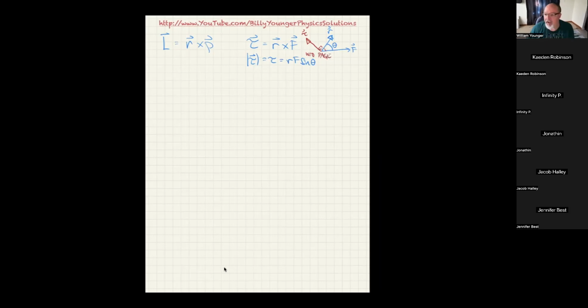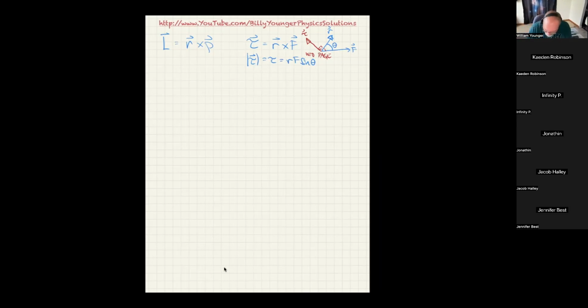Because it has to be right-handed, one way of doing it is you can make your hand like this. Notice they're all three mutually perpendicular directions. So the first vector is R, that goes the direction of your index finger. The second direction is F, that goes the direction of your middle finger. And then the answer, the actual cross product, is the direction of your thumb. So when I have R and F like this, then we see it points into the board like that.